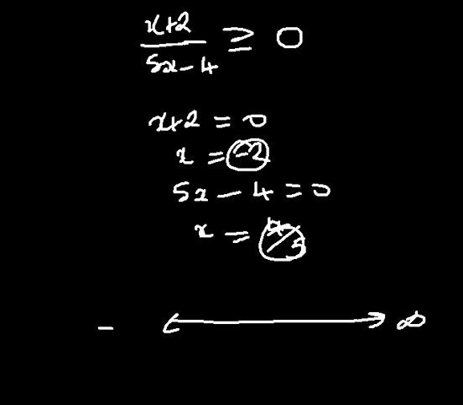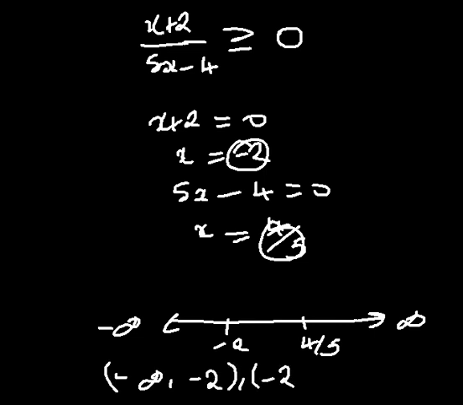Let's say this is negative 2 and this is 4 over 5. The intervals are given as negative infinity to negative 2, negative 2 to 4 over 5, and 4 over 5 to positive infinity.